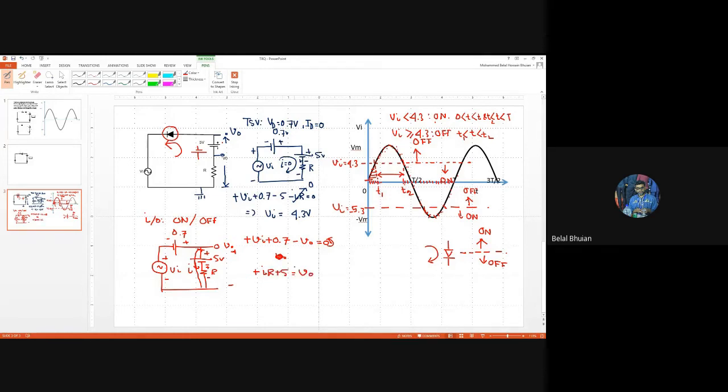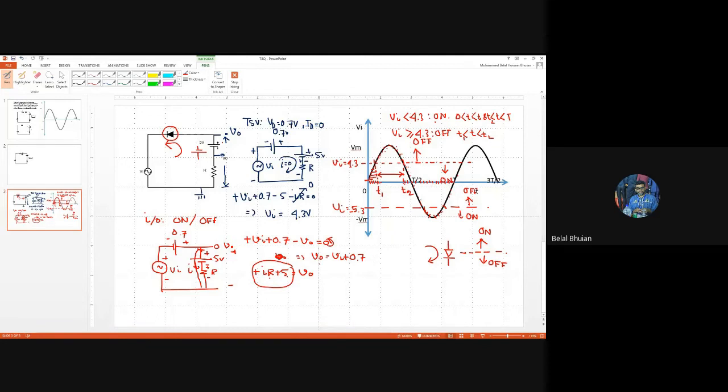So that means V0 is already incorporating what? The voltage drop across the resistance plus the DC voltage source. So we don't need to separately put them. All I need is to find the relationship between V0 and Vi. So this way we found out V0 is equal to Vi plus 0.7.